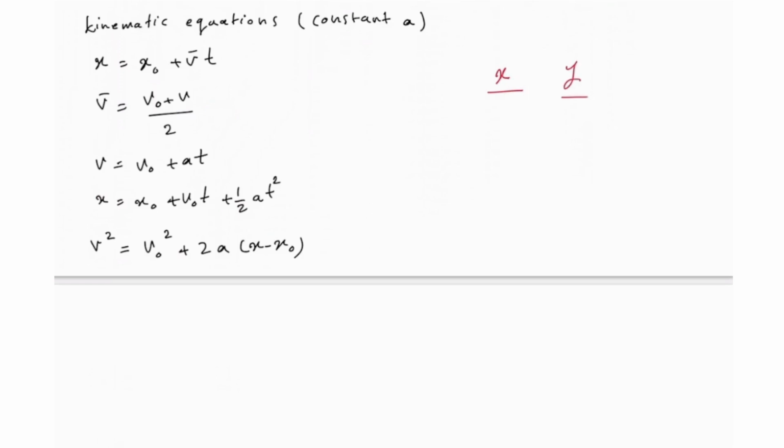We will show the velocity along the x-axis with the symbol vx, and the velocity along the y-axis with the symbol vy. There is no acceleration along the x-axis, and the acceleration along the y-axis is the gravitational acceleration shown with negative g. So now we can write down the kinematic equations for horizontal and vertical motions.